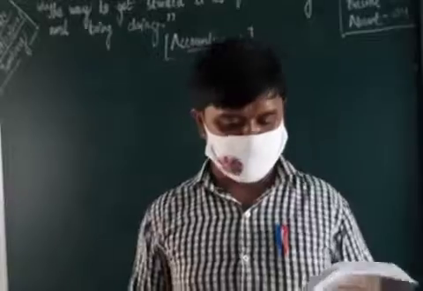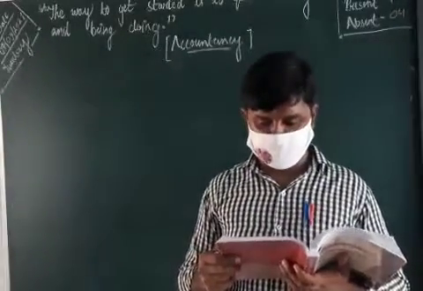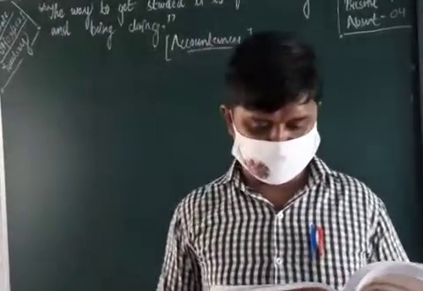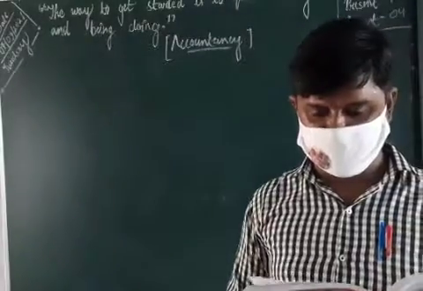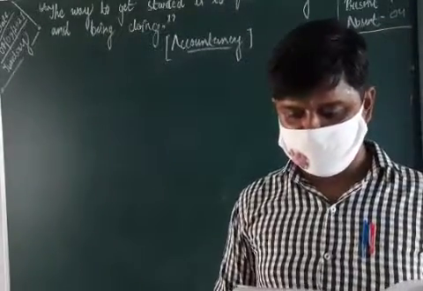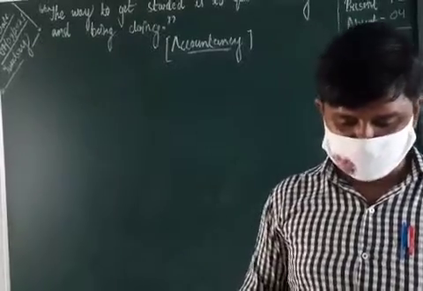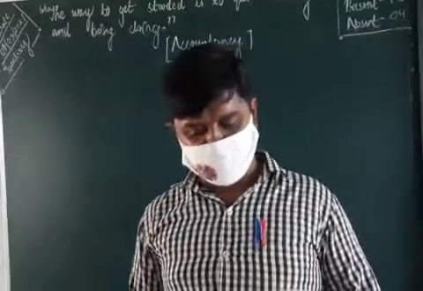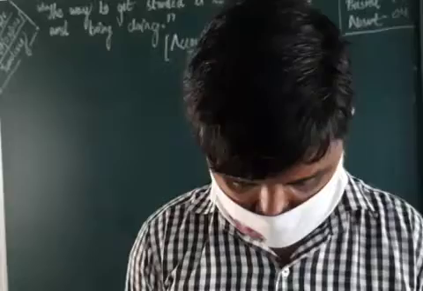So here is one example. The original cost of the asset is 2 lakh and the depreciation is 10%. The written down value method of depreciation will be computed as follows. The same question we already did, and year after year we reduce in the same way.